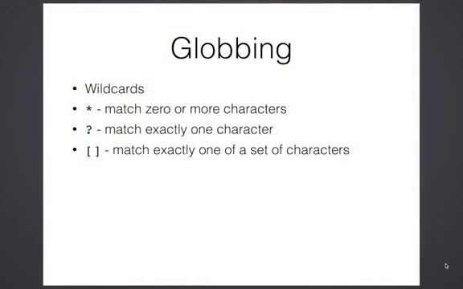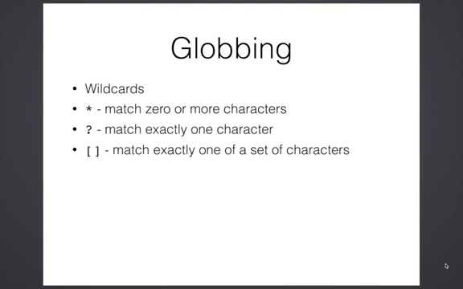So another set of special characters and expansions that the shell will do is called globbing, or wildcards. You've probably heard of wildcards in different things before. In Unix, it's been known as globbing, but it's the same basic idea. For the shell, there are three basic forms that it takes.